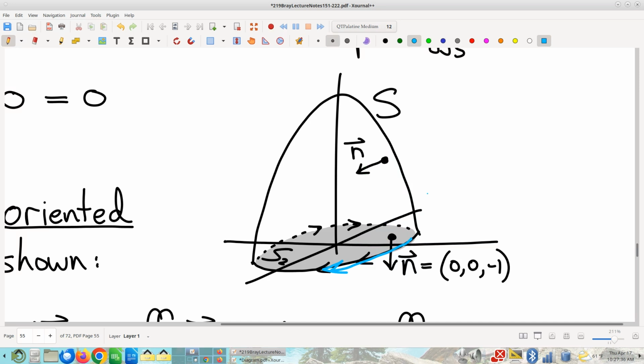Now, when it comes time to think about the new surface, I made a bad color choice there. Let me do purple. Thinking about our new surface, we decided we wanted to use this surface. How do we orient it? Remember the rule: your new surface has to have the same boundary as your old surface.